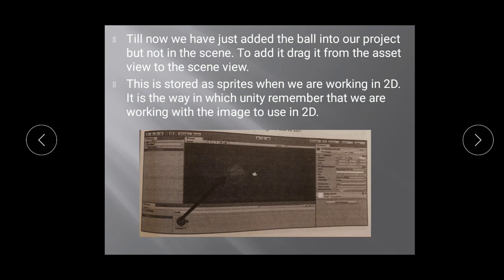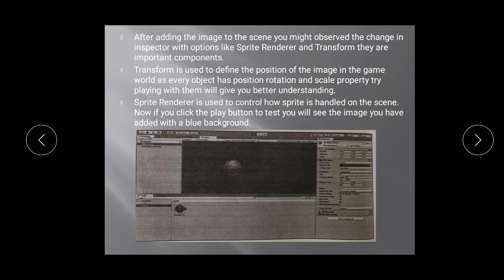But once I have dragged my asset to the scene view, I can see something coming up in the inspector. These are the components: they can be sprite renderer, transform, rotation, scaling, all such things. Each of these is called a component in the inspector.